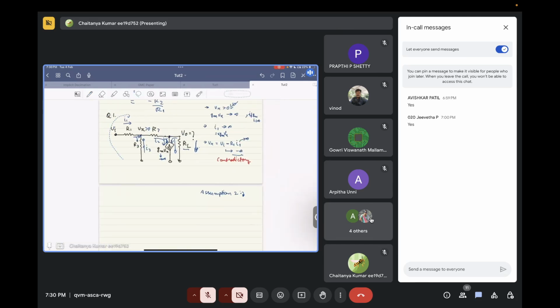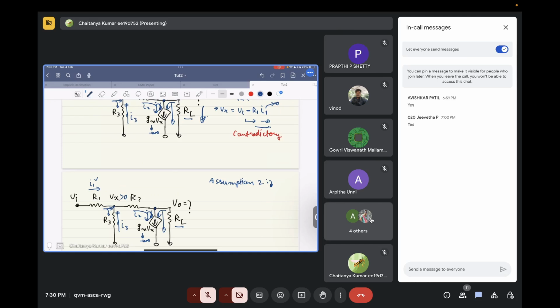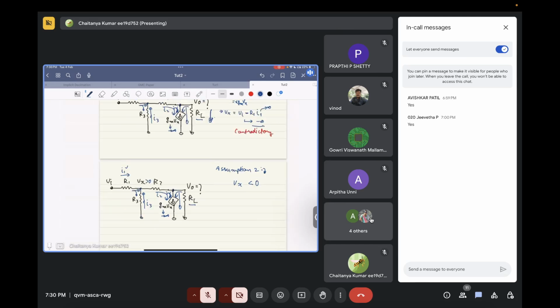I will redraw the circuit over here. Vx greater than 0 is not possible, we saw it just now. Let's say Vx is less than 0.